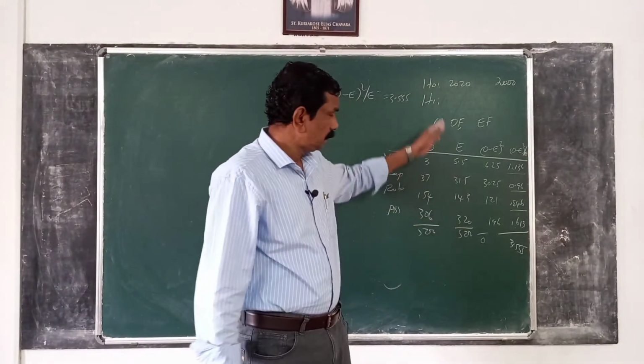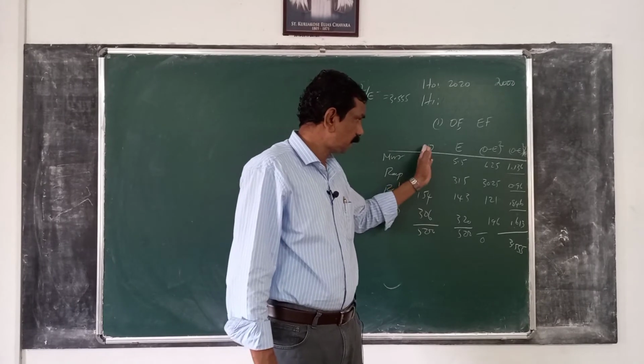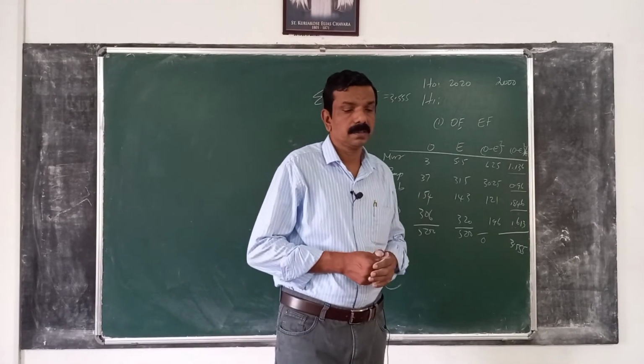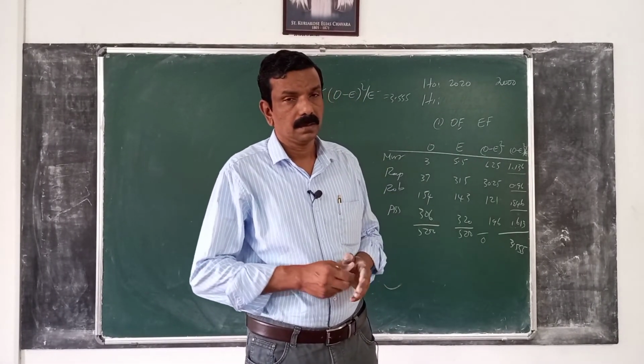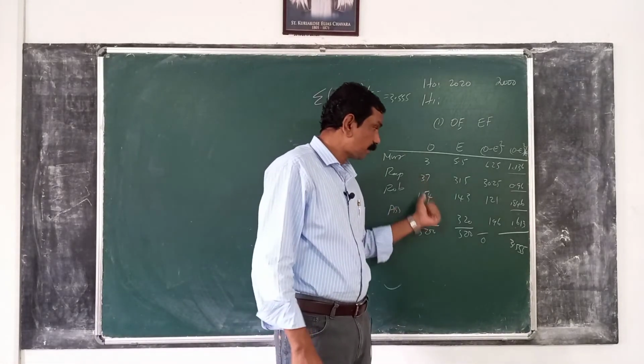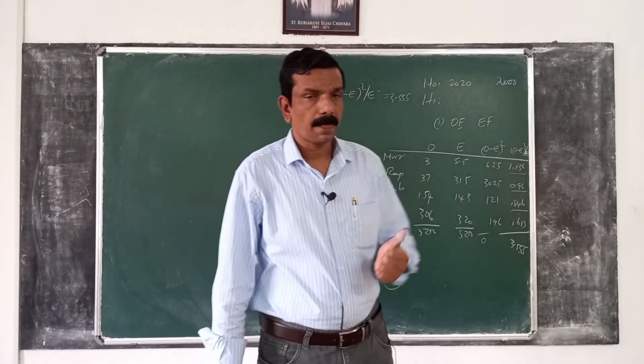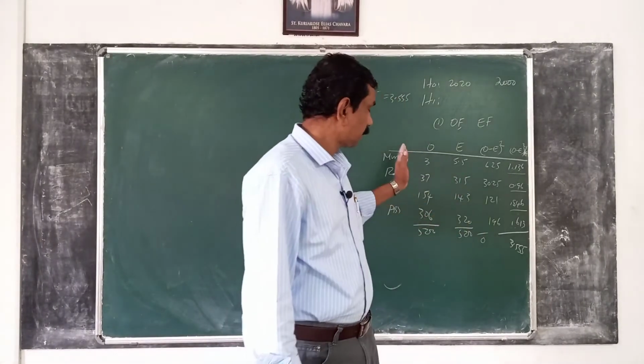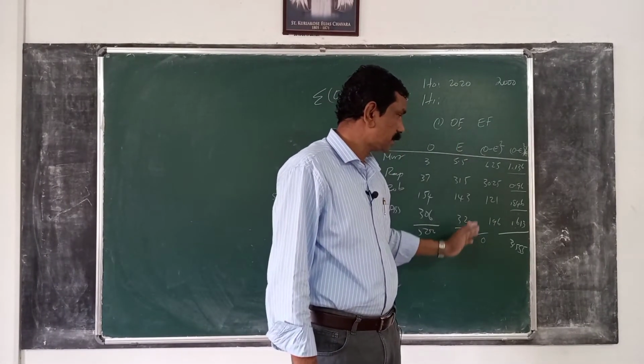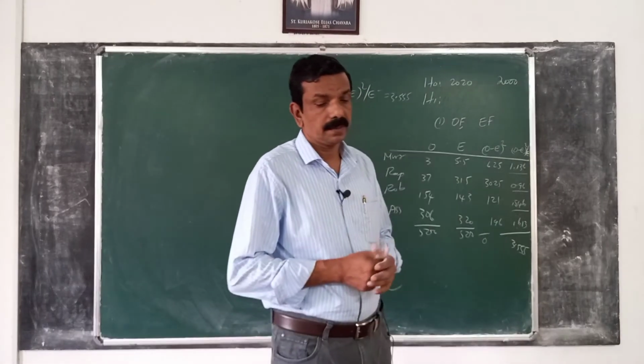If H0 is true, observed and expected frequencies will be roughly equal, and it results in a small value for chi-square. But if observed and expected frequencies differ greatly, the chi-square will be very large.